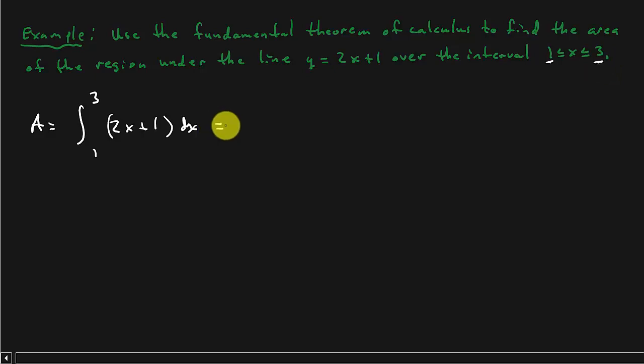And so this is going to be 2 times x squared times the reciprocal of the new exponent, plus the antiderivative of 1, which is x, and that's going to go from 1 to 3. And so we get x squared plus x from 1 to 3.